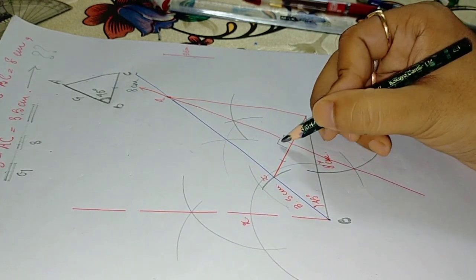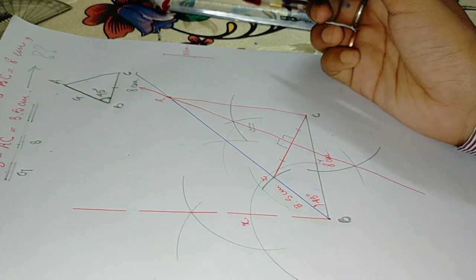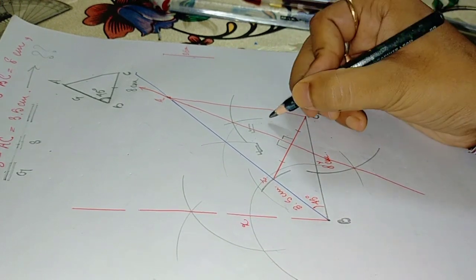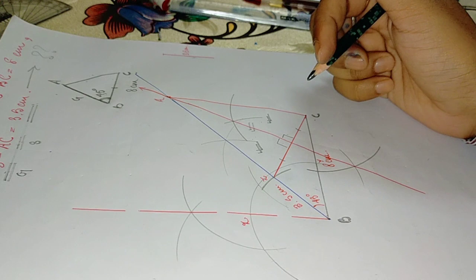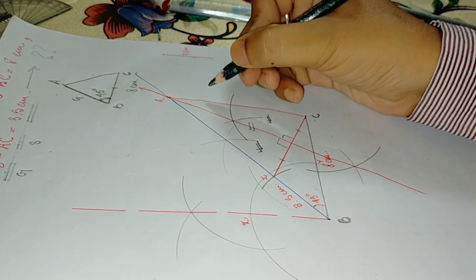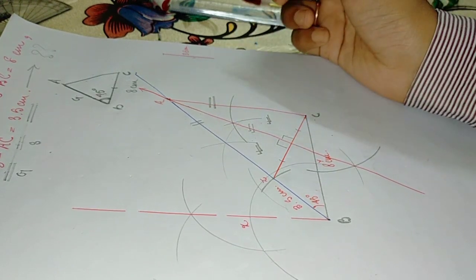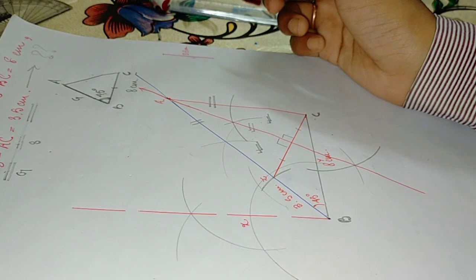Sides are equal, angles both are 90 degrees, and this particular side is common. That means this particular triangle and this particular triangle are congruent. Yes, and this particular side and this particular side are equal by CPCT.